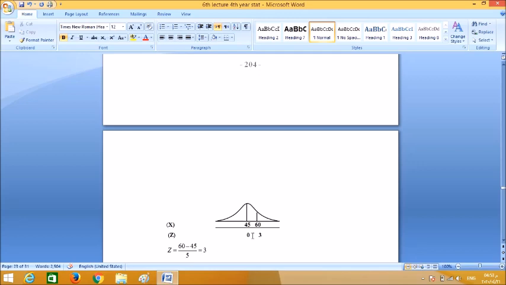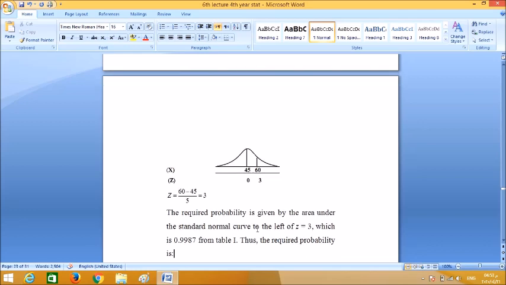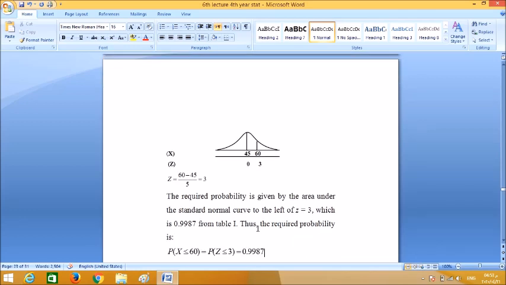So z equals 3 for x equal 60. The required probability is given by the area under the standard normal curve, that x is less than 60 means z is less than 3.